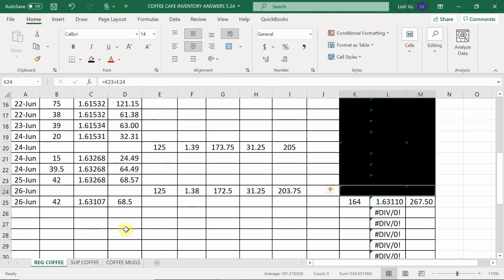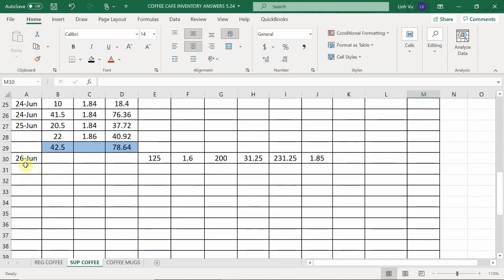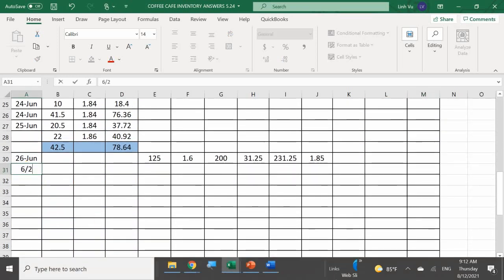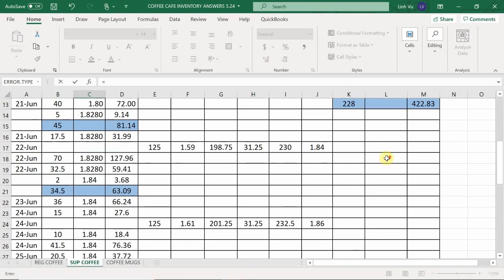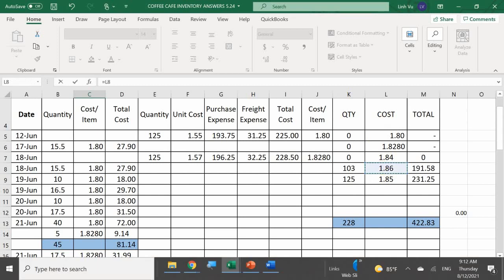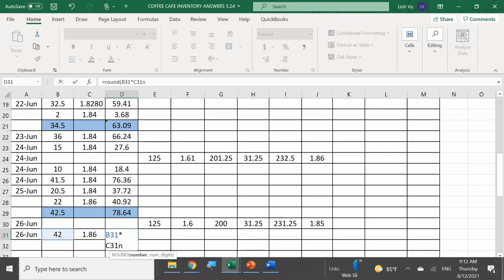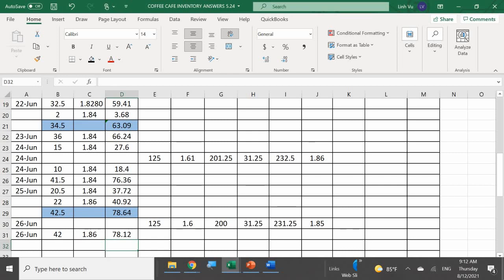Okay, Supreme Coffee. How many pounds of Supreme Coffee did we sell? 42. Okay, let's take a look at our account balances. 1.86. Okay. 78.12.